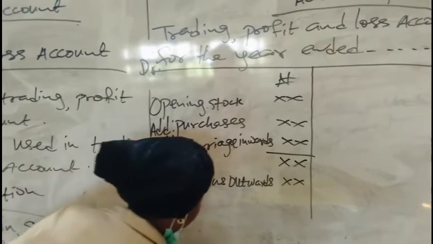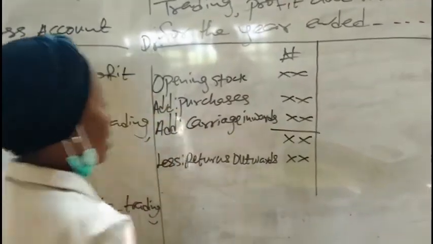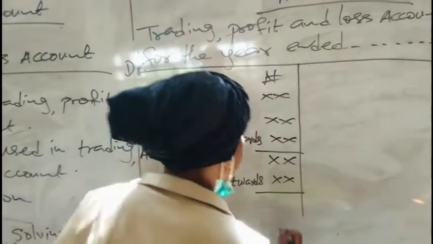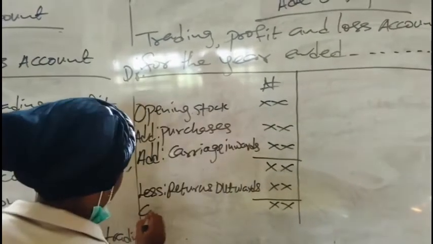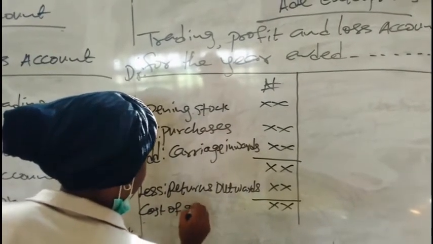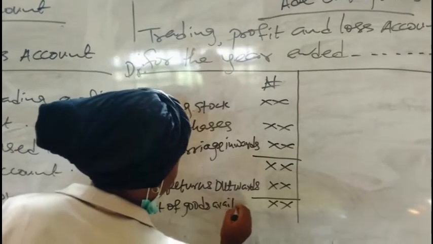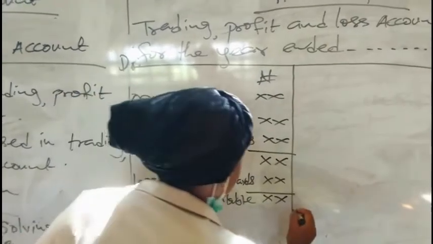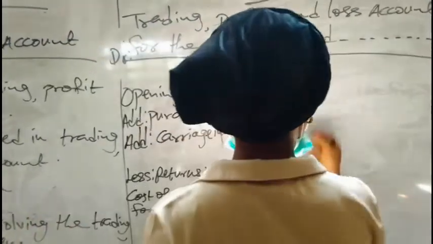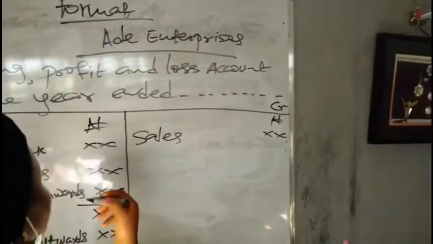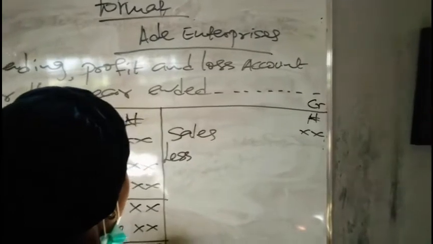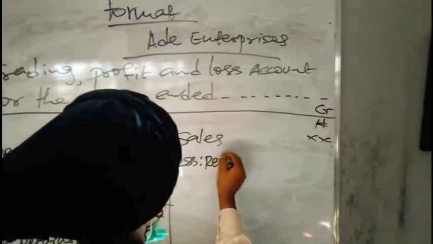Once you add your total of opening stock plus purchases and less your return outward, you have your figure for cost of goods available for sale. Then you move to the credit side of the account, where you have your sales. Indicate your sales. And if the question gives a return inward, you less the return inwards.